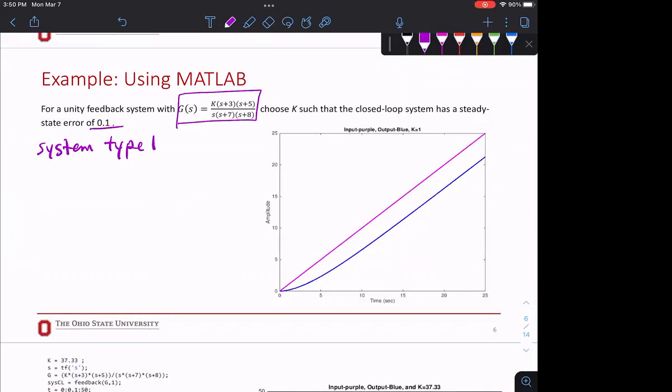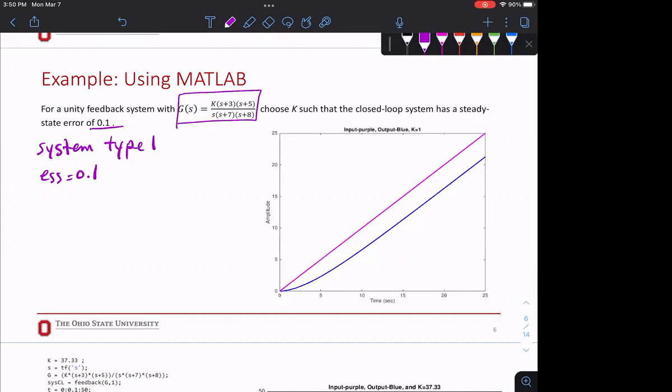We need a steady state error of 0.1, which is that 10%. So ESS is 0.1. What does it mean? If you have an input of a step, the output will have 10% error. So it has to be a ramp, right? That's why, if you plot it on MATLAB, this is a ramp input.